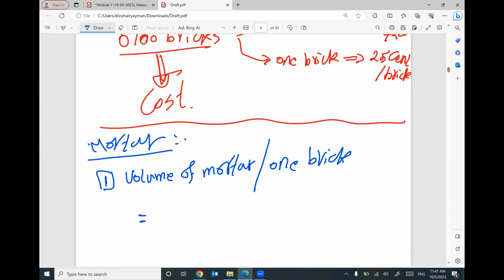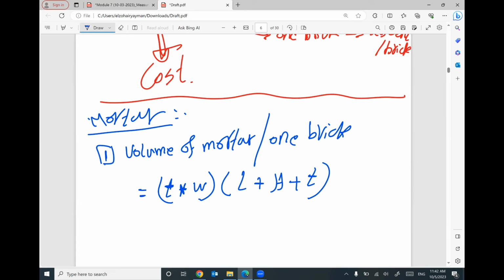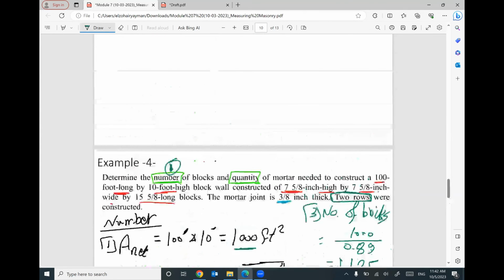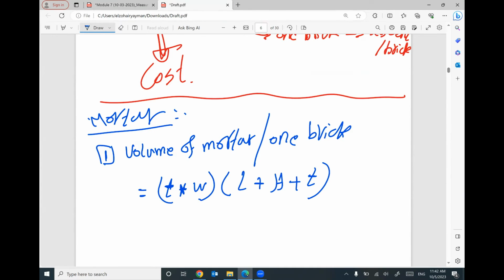This one equals T times W times L plus H plus T. I have to figure out the volume of mortar in inch cubed per one block by this expression. If I go back just to check, yes, T times W times (L plus H plus T).